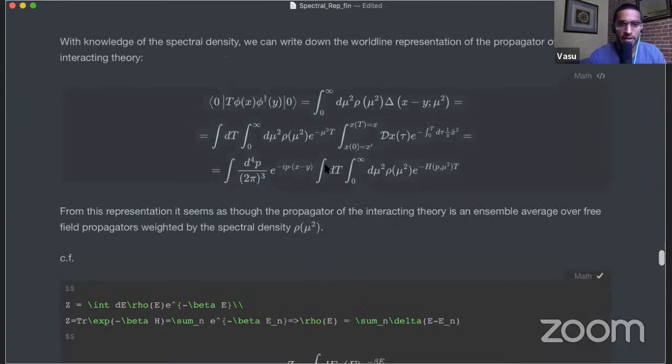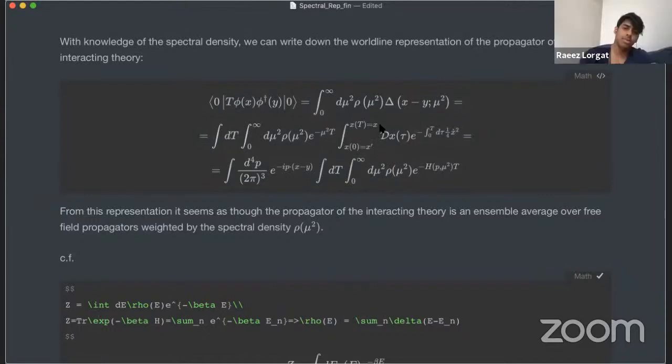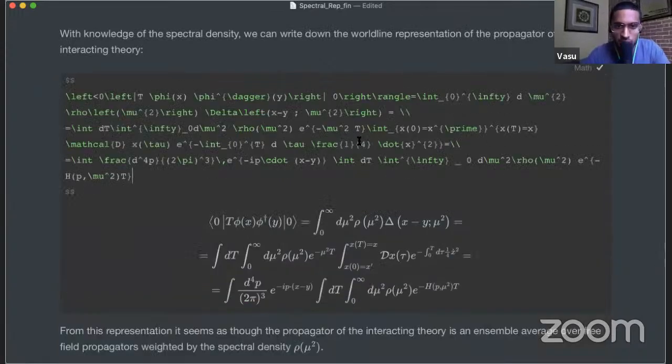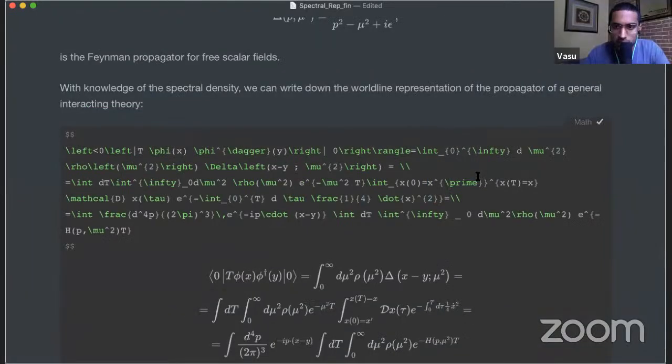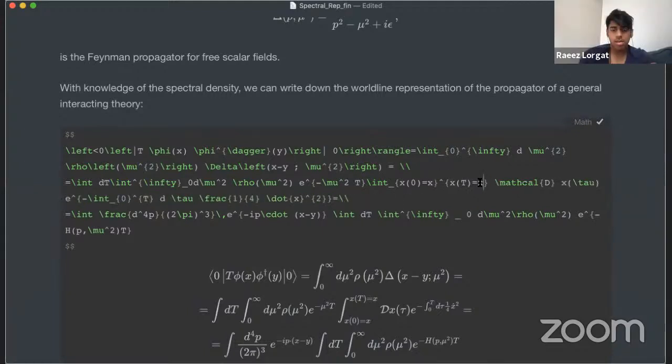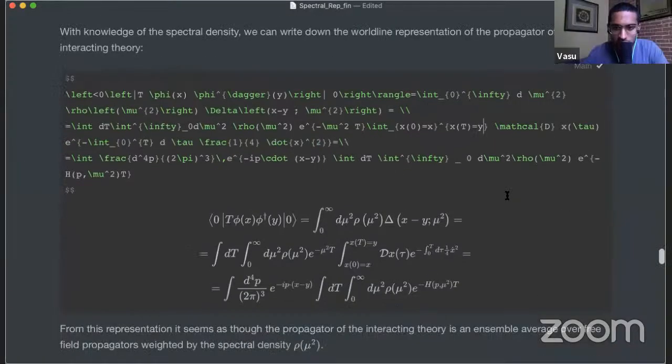What do I have here? Oh, it's not really the statistical partition function, because this path integral has boundary conditions at x prime and x. However, sorry, this is not x prime and x. It should be x and y. It doesn't quite matter, but let's just be consistent. Y, yeah, here we go. Now that's all good.